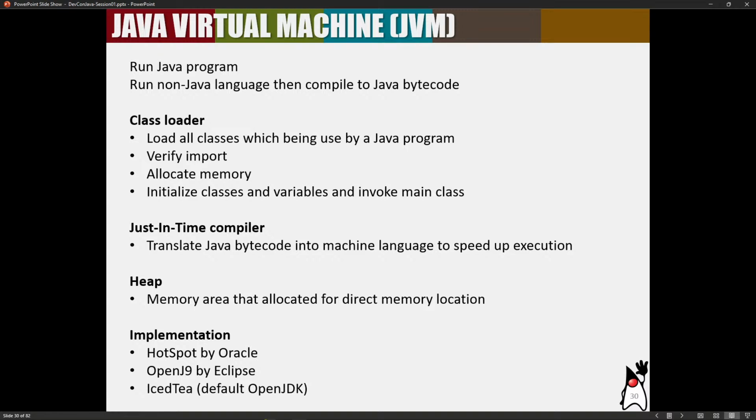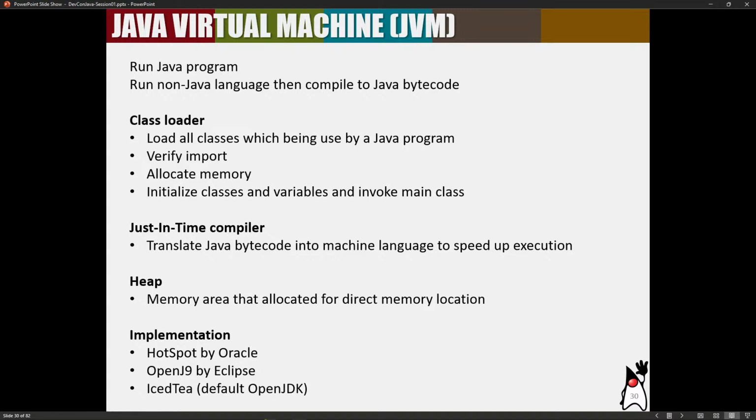Okay, and other than Oracle, because Java is open, it can be released or distributed by other vendors also. The JVM is part of the Oracle JDK and also OpenJDK. OpenJ9 is by Eclipse.